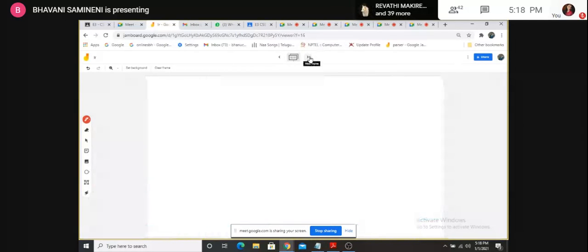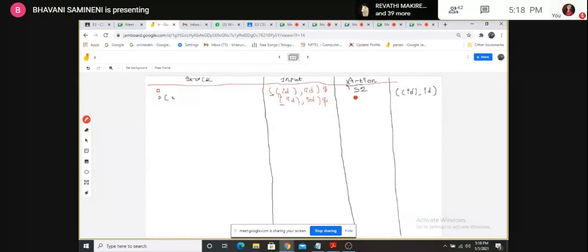S2 means shift the lookahead symbol and move to the state I2. So 0, open parenthesis, 2; shift the lookahead symbol, which is open parenthesis, and I go to I2. So I2 will be the next step.